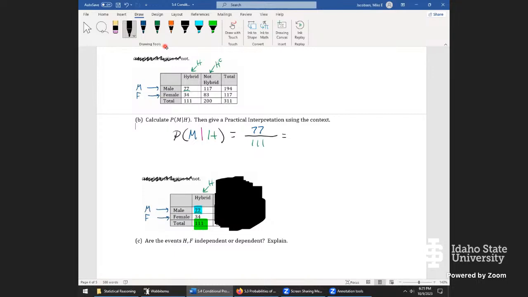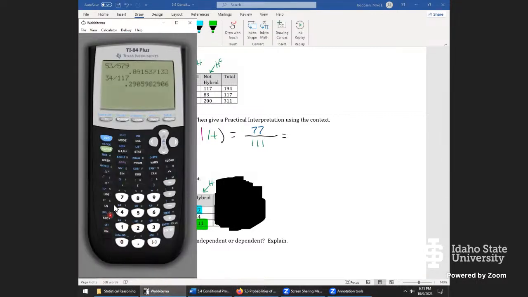Now all we have to do is crank that one out and give an interpretation. Any questions at all, folks, on getting that 77 111ths? Okay, if we're happy with that, let's see what that comes out as. Definitely over 50%. So 77 divided by 111 gives us 0.6937.